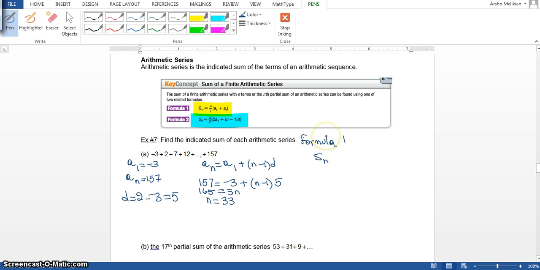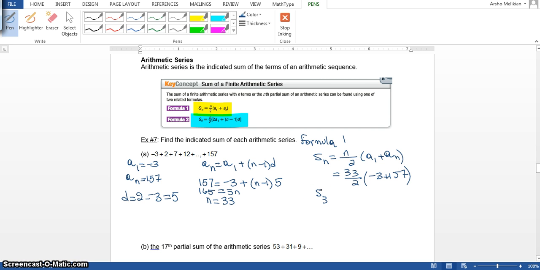The formula says Sn is equal to N over 2, A1 plus AN. So 33 over 2 times A1, which is -3, plus 157. Do we not have to plug in 33? You do. I just haven't done anything yet.